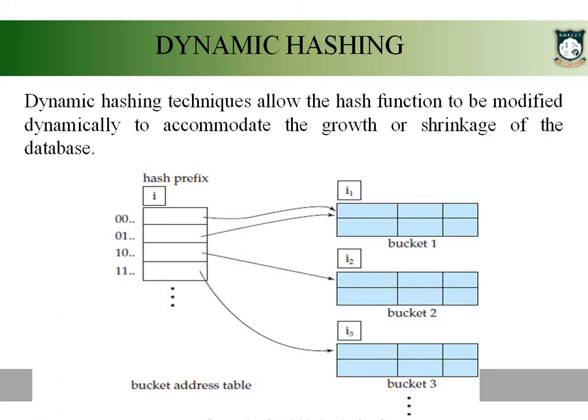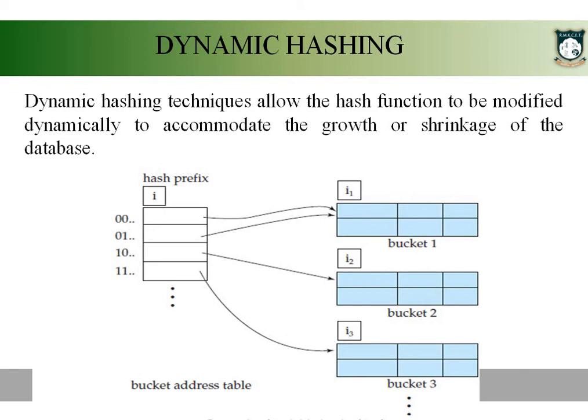As I said, the initial hash prefix will be 0. Let us consider the hash prefix as I. If I is 0, then you will have 2 power 0 buckets. If your hash prefix is I, then you will have 2 power I buckets.